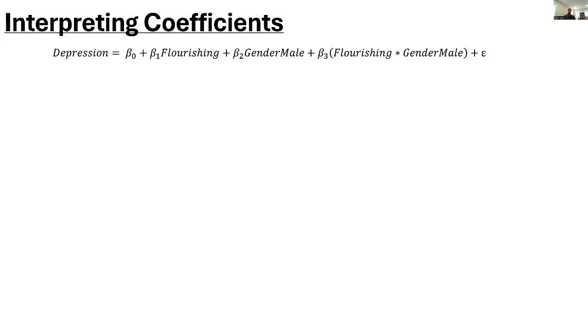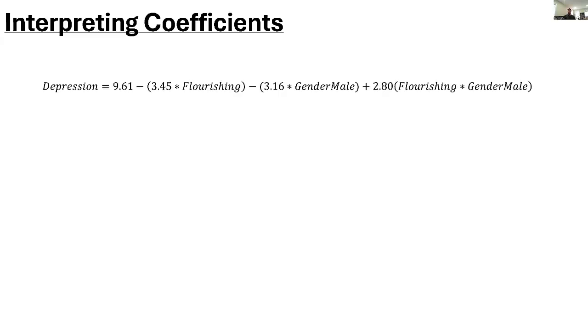And if I start to plug in what we found number-wise, you'll see that the intercept is 9.61. Our beta 1 was negative 3.45. Our coefficient for gender male was negative 3.16. Our interaction was about positive 2.80.